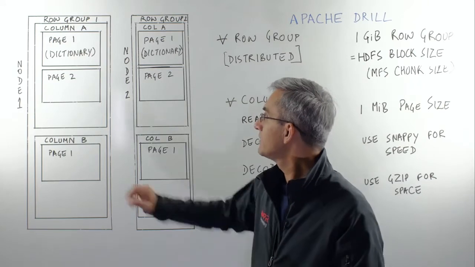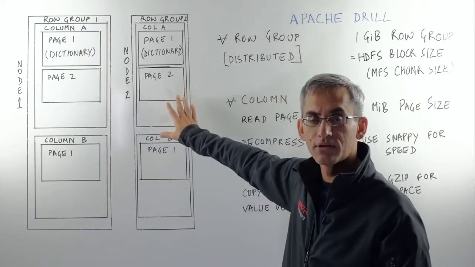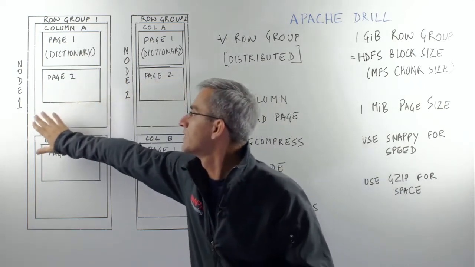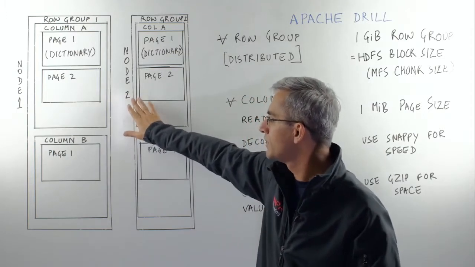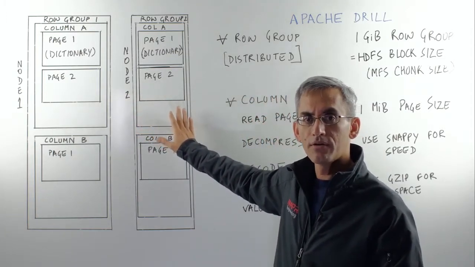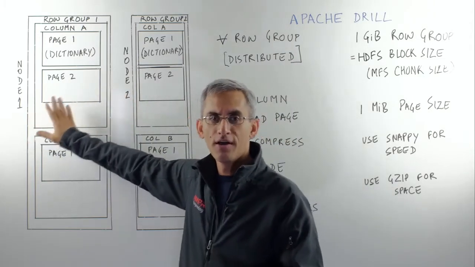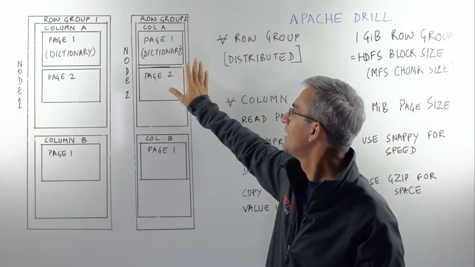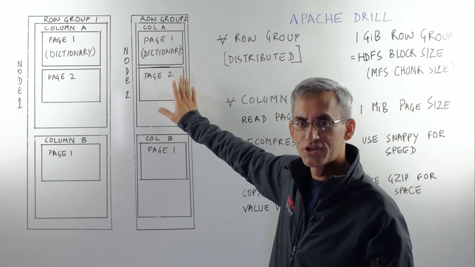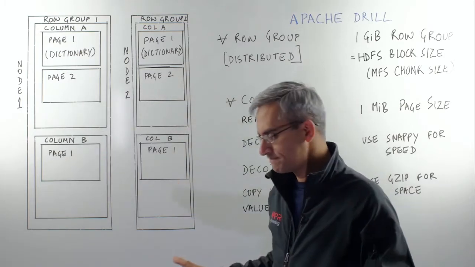Let's suppose this is a file divided across multiple nodes, node 1 and node 2. We try to make sure that row group 1 for this file is on node 1, and row group 2 is on node 2. And there's a reason for that.